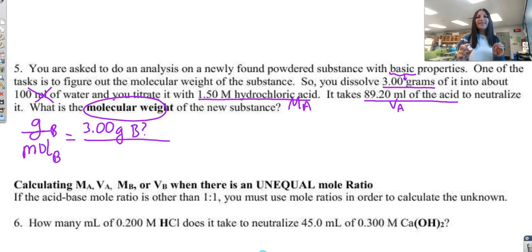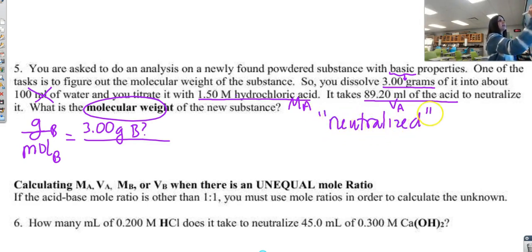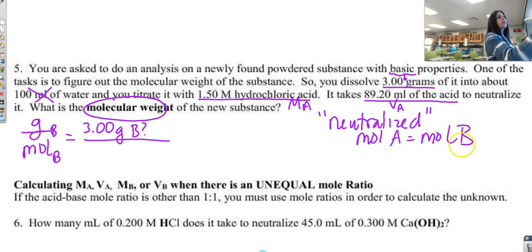But now I need the moles. Well, here's the nice thing. If it's neutralized, what two things do we know are equal? If it's neutralized, that means that moles of acid are equal to the moles of the base. If that's the case, if I can figure out the moles of acid, I know my moles of base.